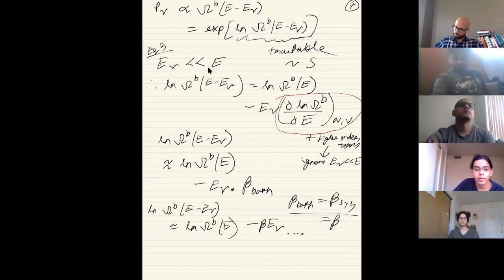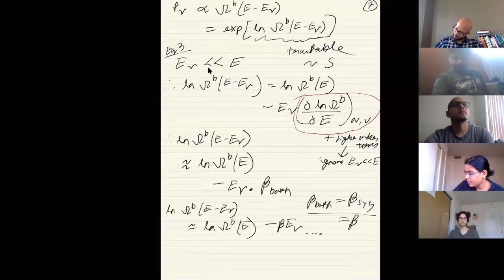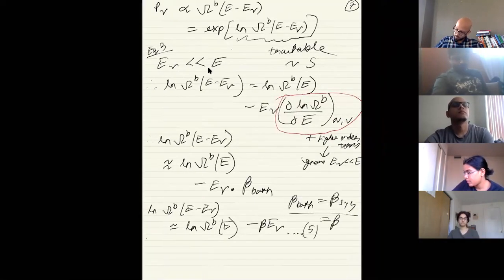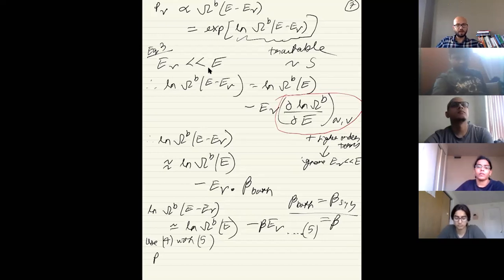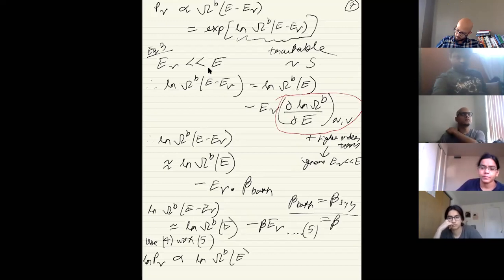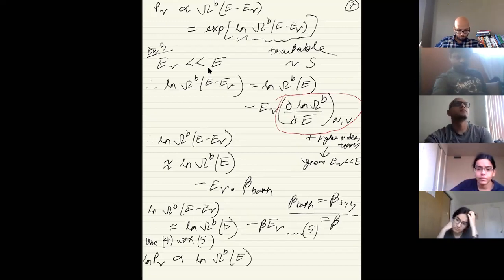Let's call this equation number 5. Use 4 with 5. So this is ln of omega bath, right? So we have ln of P nu is therefore proportional to ln of omega bath of E minus beta E nu, right?